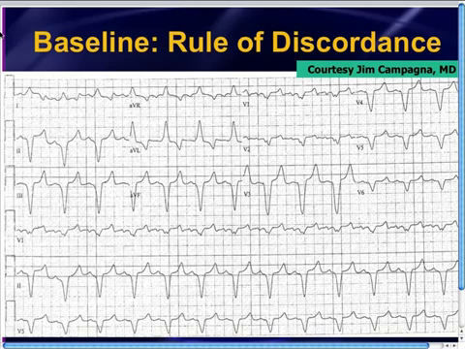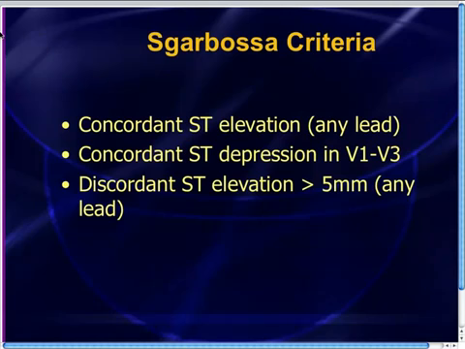Every time the QRS mainly points upwards, the ST segment is isoelectric or a little bit below the baseline. Every time the QRS is mainly downwards, the ST segment, or J point, is going to be isoelectric or a little bit above the baseline. Now, back in the mid-1990s, a cardiologist by the name of Elena Sgarbossa reviewed a lot of EKGs and came up with what we refer to now as the Sgarbossa criteria.